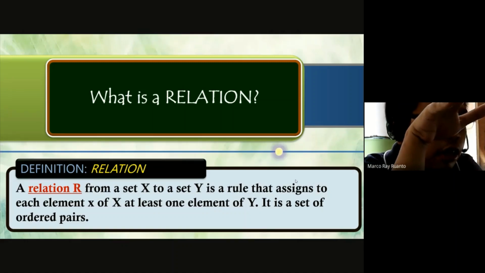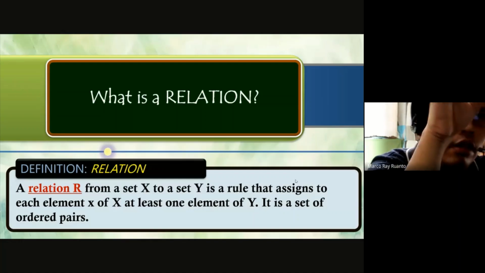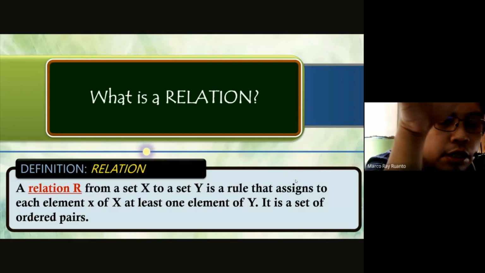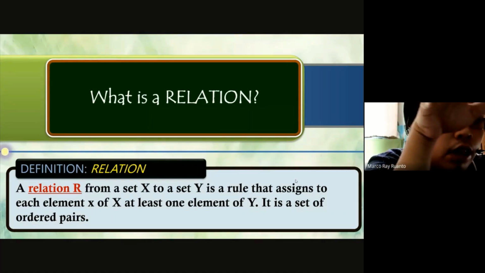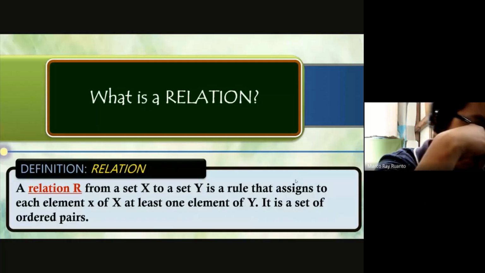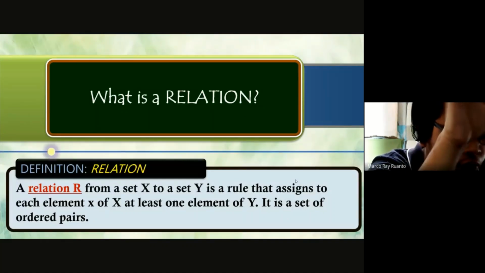So the set of all ordered pairs is the cross product, while the relation is a set of ordered pairs with some rules, or simply a subset of that cross product.